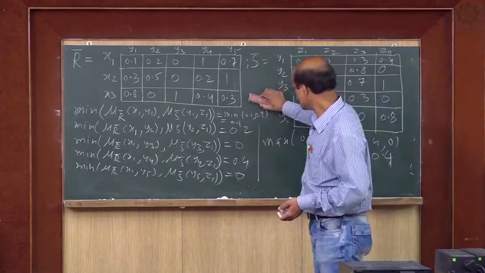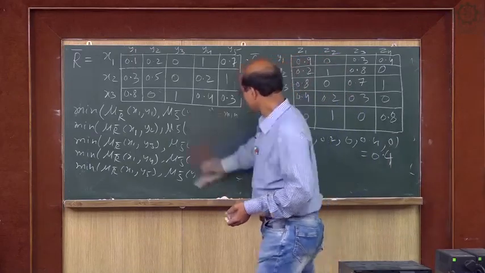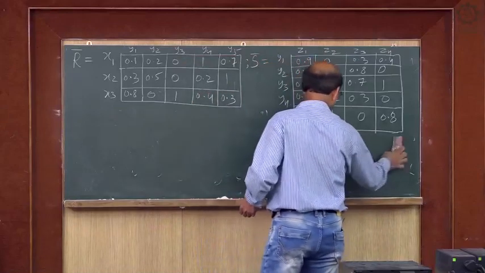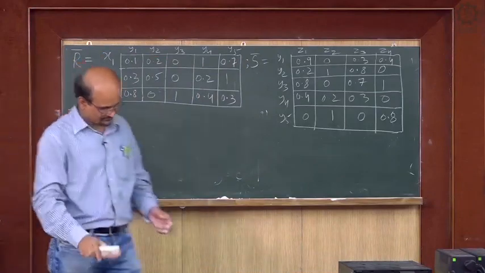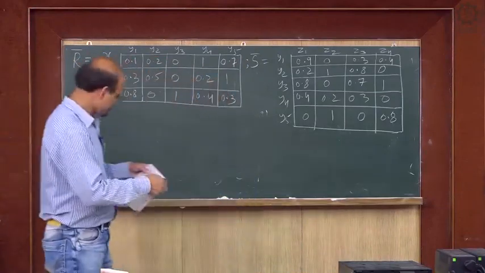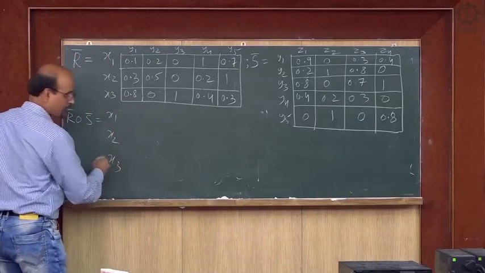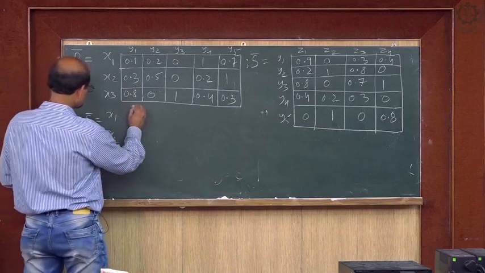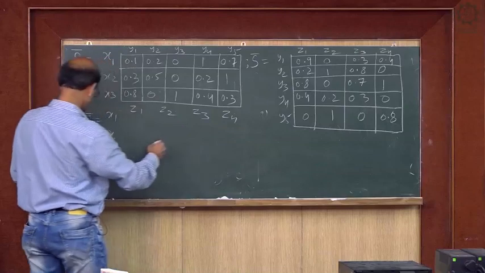So I am writing the solution directly. You can complete that and you will have R dot S. It will be from x to z: x1, x2, x3 and z1, z2, z3, z4.